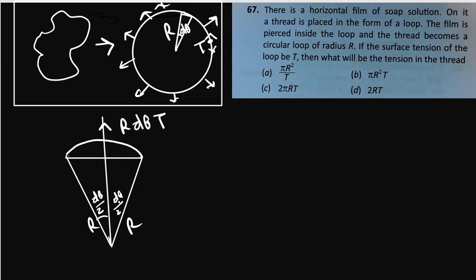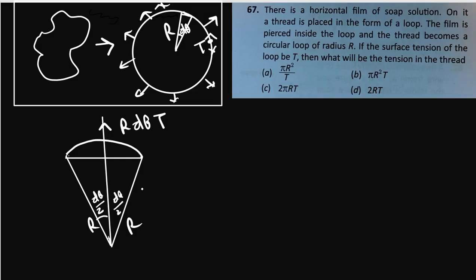Since there will be two surfaces, whenever there is a soap film, there will be two surfaces, one inside and one outside. Always remember, whenever we have any film, it will have two surfaces. If we have a solid drop of any liquid, then we'll have only one surface, because inside we have the liquid volume, and only the outside has a surface. Going back to the basic understanding of surface tension, it acts due to unbalanced attractive forces at the surface.